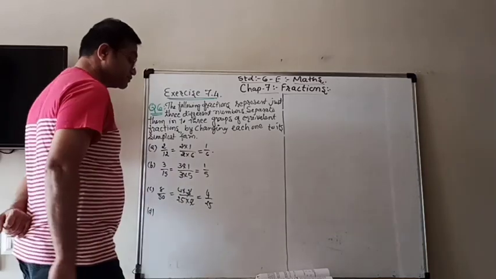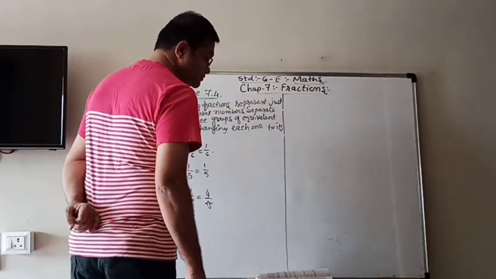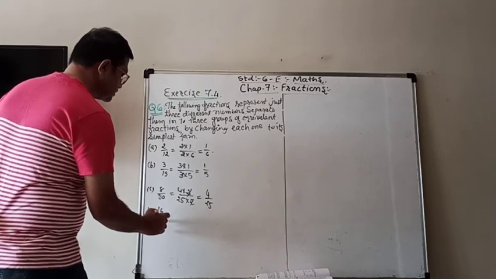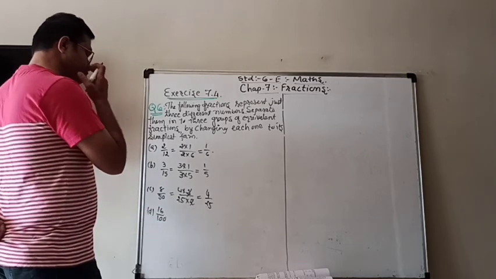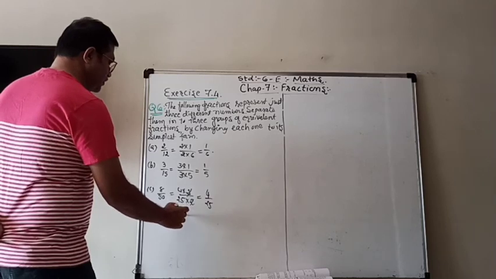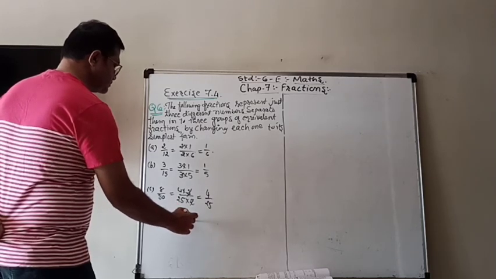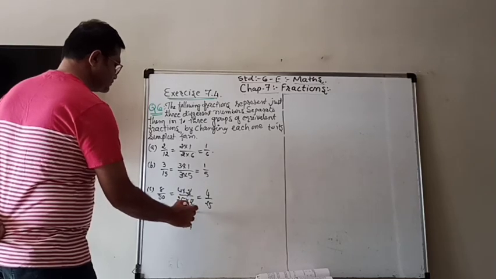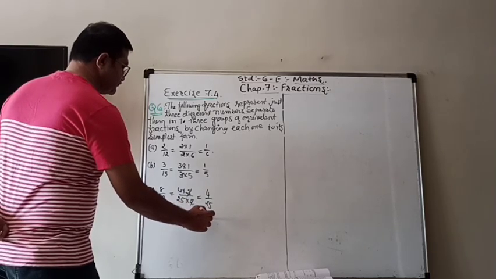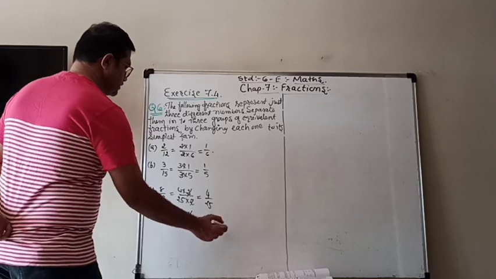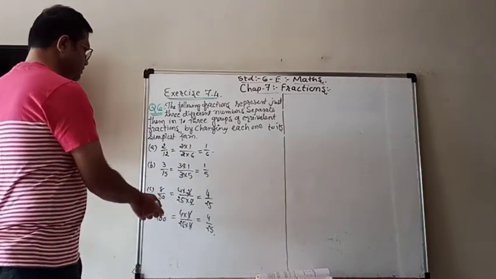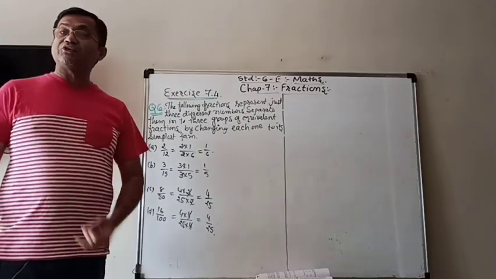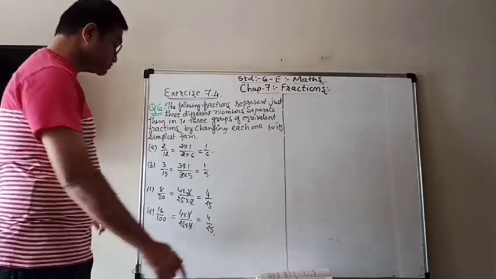So D is 16 upon 100. Now 4 4s are 16 and 25 4s are 100. So here also you get 4 upon 25. I mean they will come into the same group as their simplest form is equal.